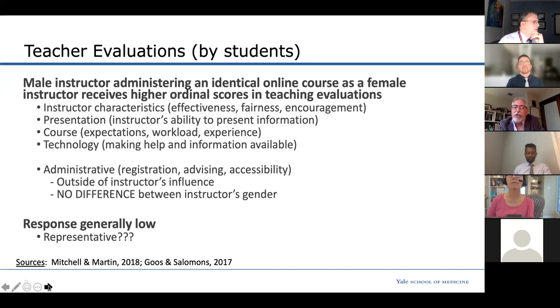And so your scores may not really be truly indicative of your teaching. I think that's really important because these evaluations affect our career paths. So it's really important to understand this can be happening. And I think it needs a lot of research to understand how it is actually affecting us all.